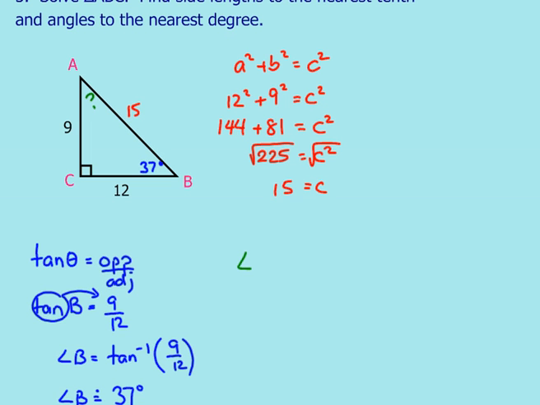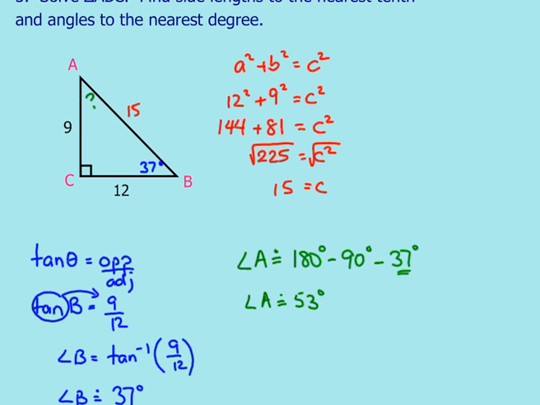I could just go angle A is equal to 180 degrees minus 90 degrees, which was my C, and then I'm also going to subtract my 37, which was my B angle. Now this was approximated because the 37 is rounded, so we're just going to continue the approximation. Angle A is equal to 180 minus 90 minus 37, 53 degrees, approximately.